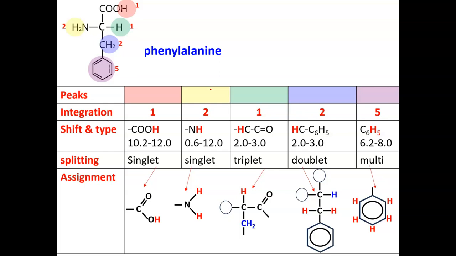Similarly, the doublet splitting pattern is because the two H's on the carbon from the benzene ring have a solitary blue H adjacent to them, so that signal will be a doublet. Well, there couldn't be anywhere else to put the COOH group or the NH2 group than the two remaining positions on that same carbon.